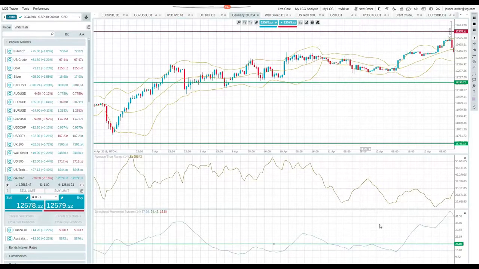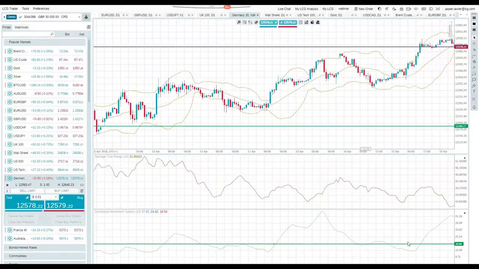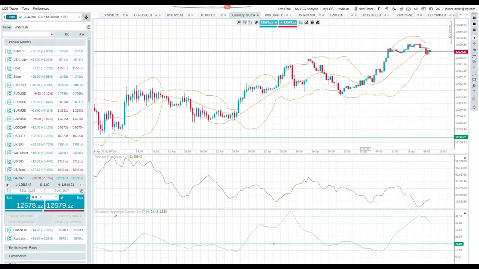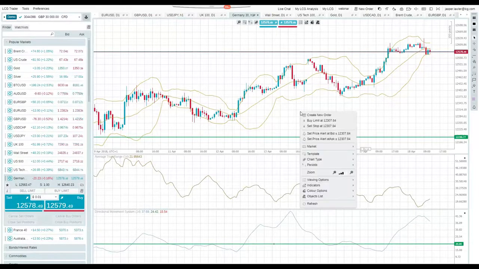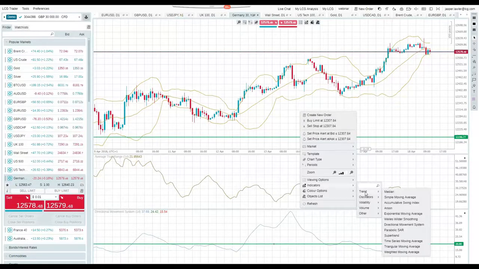Now a way to show again that it is quite a trendy index, if you look at this directional movement system, which, I don't know why we've named it that, because generally everyone's familiar with this indicator as being called the ADX. So just to show you here, if you right click on the chart in the LCG Trader and you go down to indicators, it's nicely categorized by what these indicators are useful for.